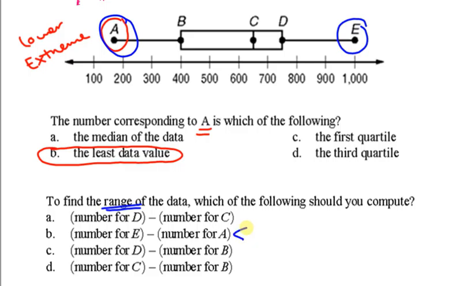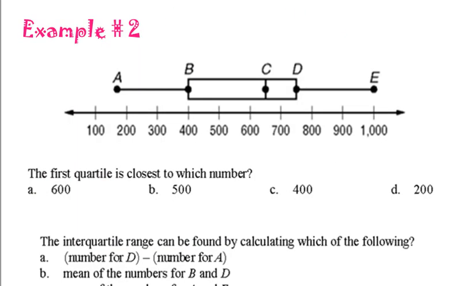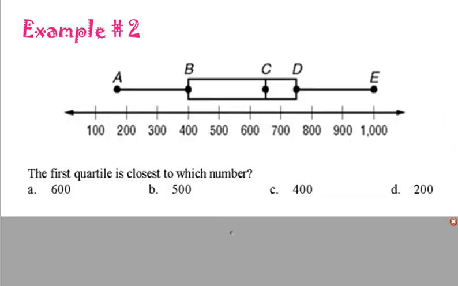You should pick B right here: number for E minus number for A. Okay, now if it asked you for the interquartile range, that would be D minus B, but that's not what it asked you for.